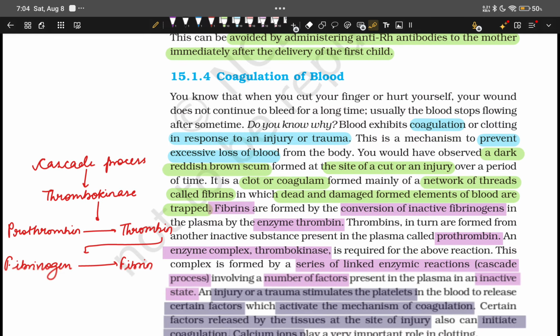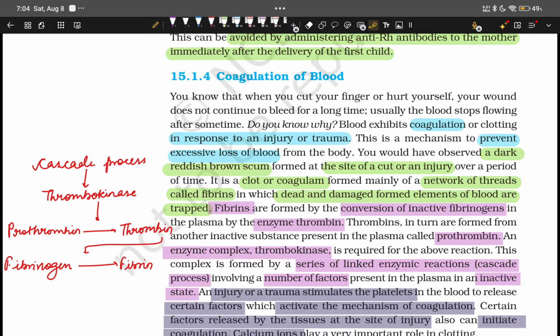Now we have to talk about coagulation of blood. This is important to understand because our body is capable of coagulation, which means that blood has this property of coagulating in response to any injury or trauma. This mechanism is to prevent excessive loss of blood from the body.